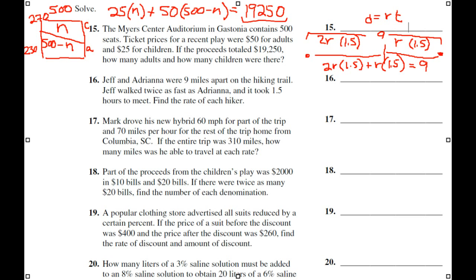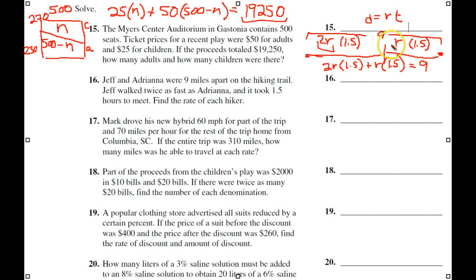Here we have people that are this many miles apart on a trail, and they're walking toward each other. So this one's starting there, and they're going to meet. Now, one person is walking twice as fast as the other. So that person's rate is 2r.